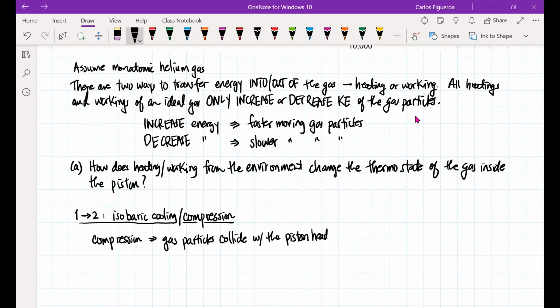And then what you find here is that the piston head does work to increase the kinetic energy of the gas particles.